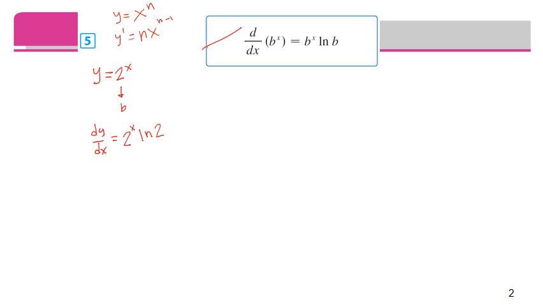Di ba ni pwede i-apply? The answer is no, because here, ang base is ang variable and the exponent is a constant. Here it's different. It's the other way around. The base is the constant while the exponent is the variable.